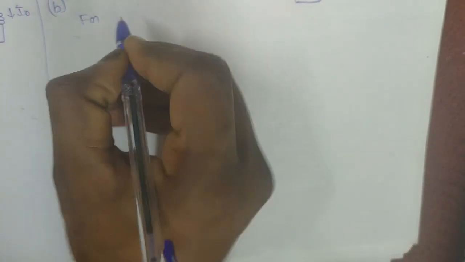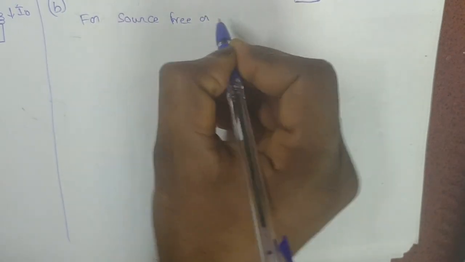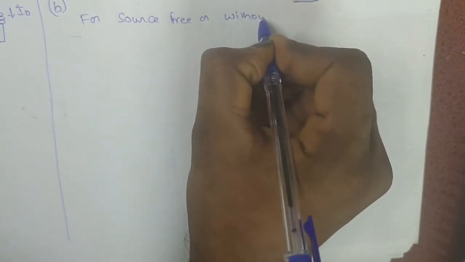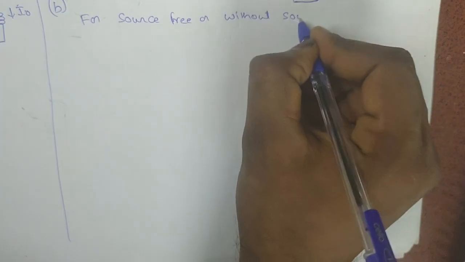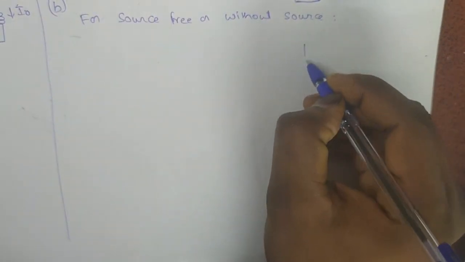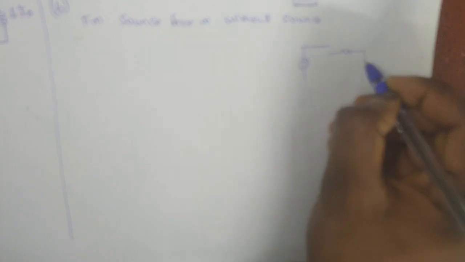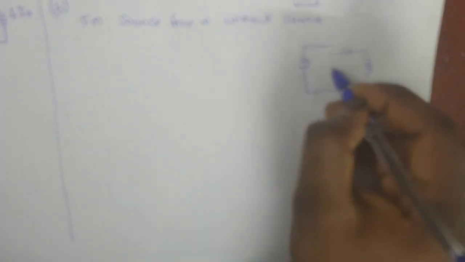For a source free circuit, or without source, the circuit will look like this. At t equal to 0, it will be closed.